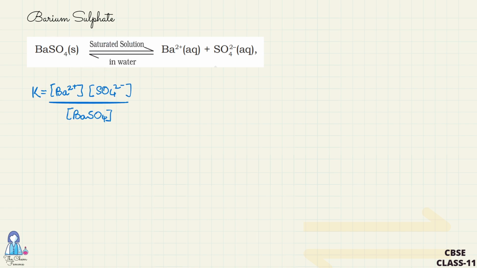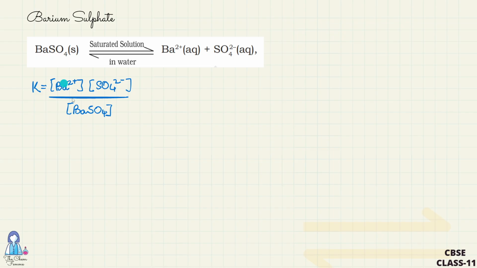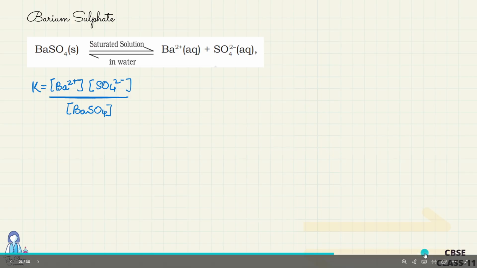So K is equal to the concentration of the barium ion times SO4 2-, divided by the concentration of BaSO4. Now, as you know, this is the chapter on equilibrium, so we're always looking for the constant value.